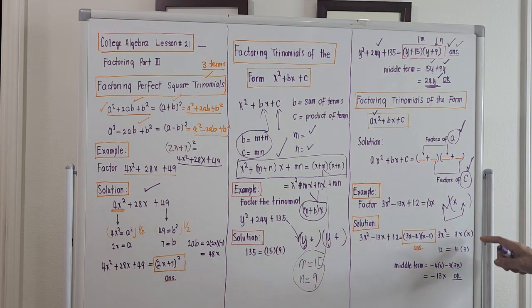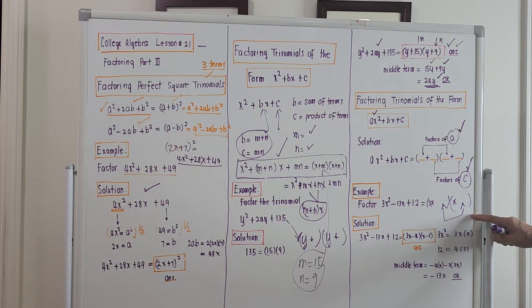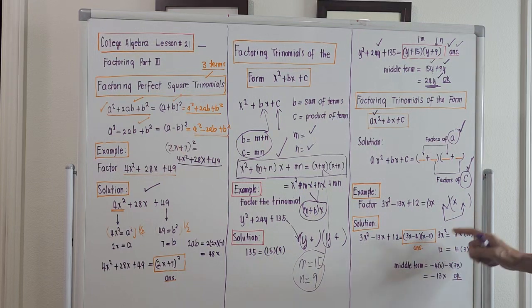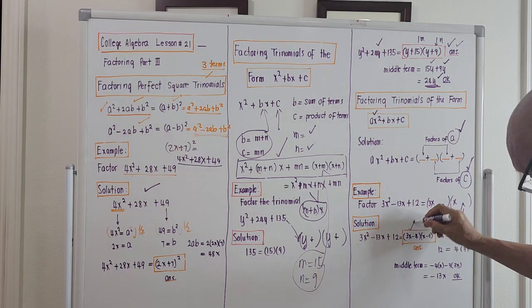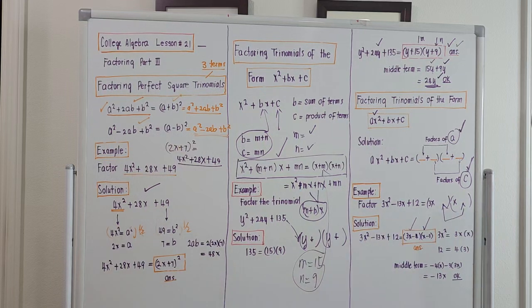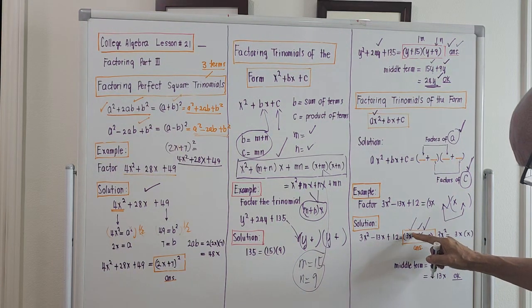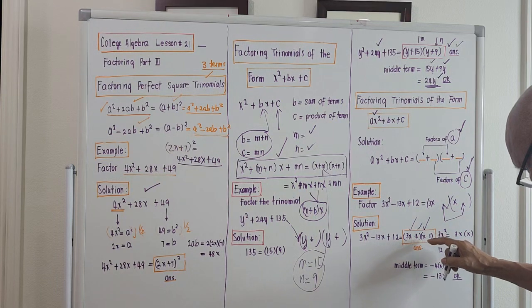3x squared can be written as the product of 3x times x, right? And 12 can be written as the product of 4 and 3. So actually, we can put the resulting answer as 3x and x, then we'll put the numbers 4 and 3, but we do not know yet the signs.